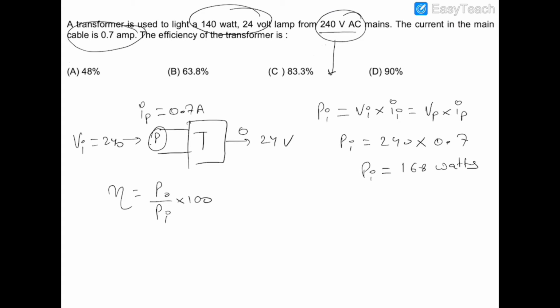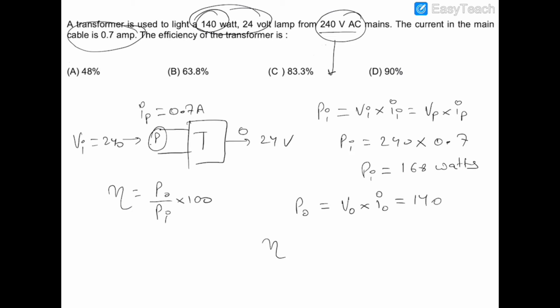Now the output power we need to calculate. So P output is equal to the output voltage VO into IO, and VO is 24, or we can say that the power which is utilized by the bulb is 140, so directly we can write the output power as 140.